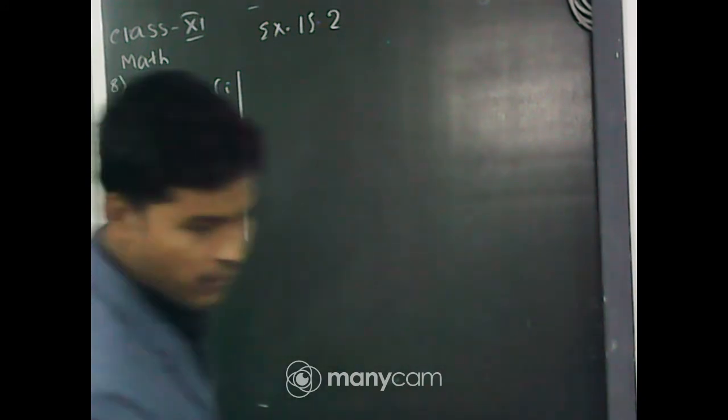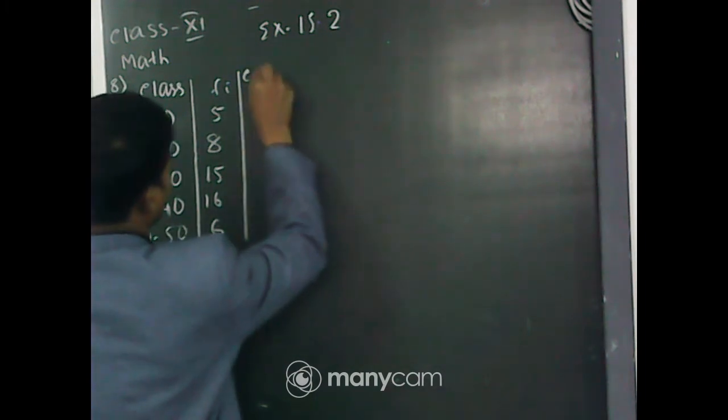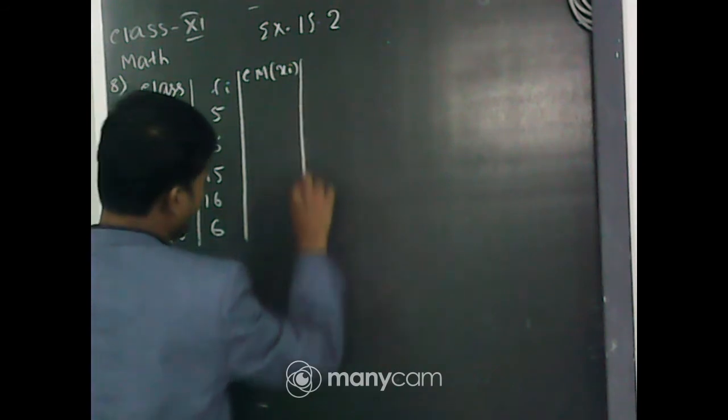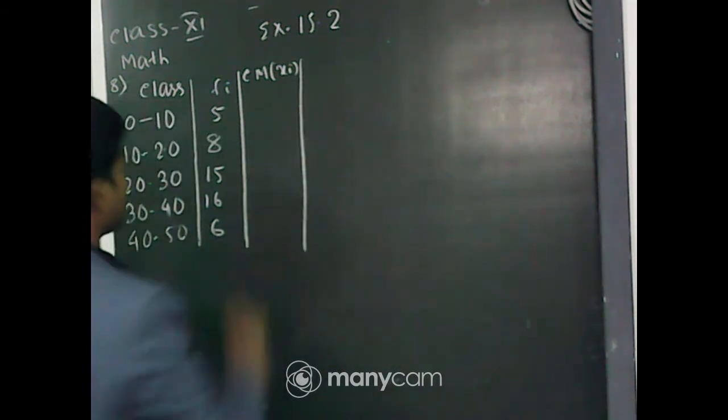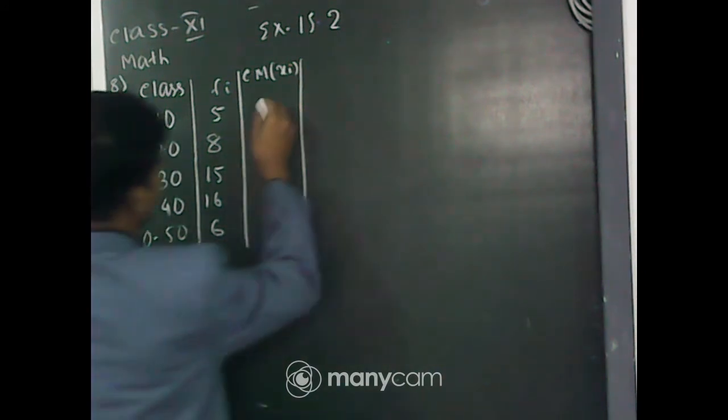Now we will find the class mark of each interval, which we denote by xi. The class mark is the average of the upper bound and lower bound of an interval. Here the lower bound is 0 and the upper bound is 10, so the class mark is (0 + 10) by 2, which is 5.